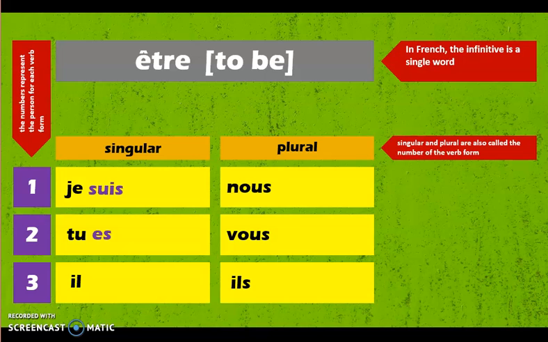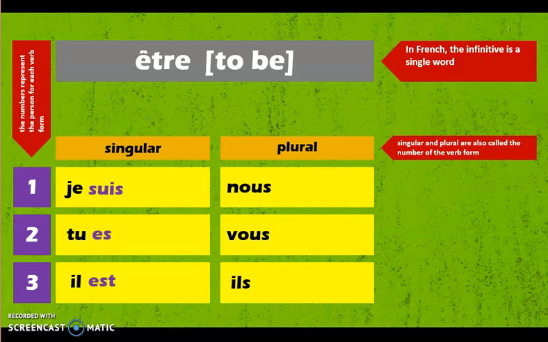If I want to say he is, I will say il est. Now notice the second person singular and the third person singular forms both sound alike, but they're spelled differently. But beside the E, none of those consonants are pronounced. Not the S in tu es, not the ST in il est. And of course for elle it would be elle est also.